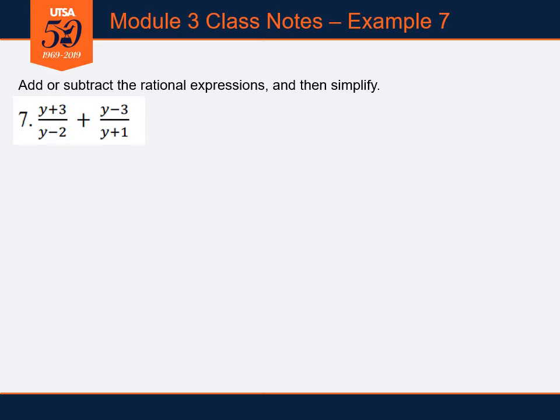My LCD will simply be the product of those two, y minus 2 times y plus 1. So that now I can take my original fractions, and the process of adding fractions is change each fraction to one with the LCD by multiplying top and bottom by whatever that fraction is missing. Let's see what that looks like here.